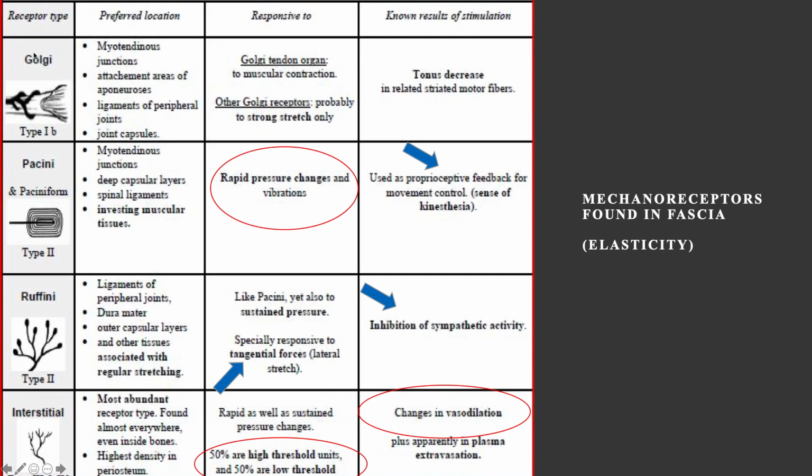This is the one most are probably familiar with, but we see Golgi tendon organs are responsive to muscular contraction. And if we know our AMP 101, we know that Golgi tendon organs are the cinder block under our accelerator or the overbearing parent, however you choose to look at it.